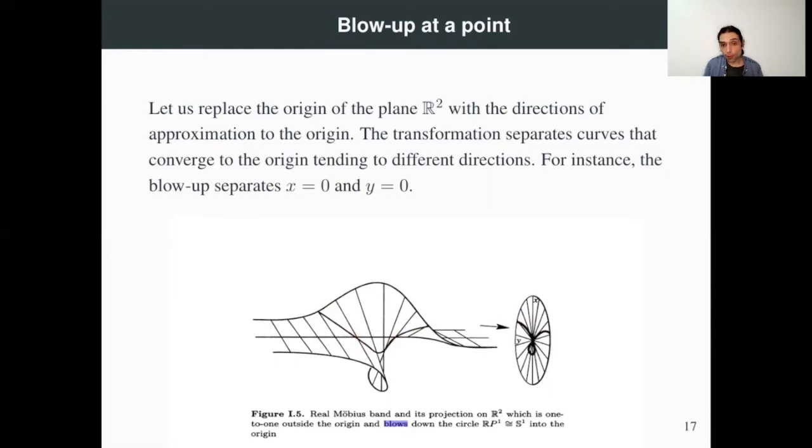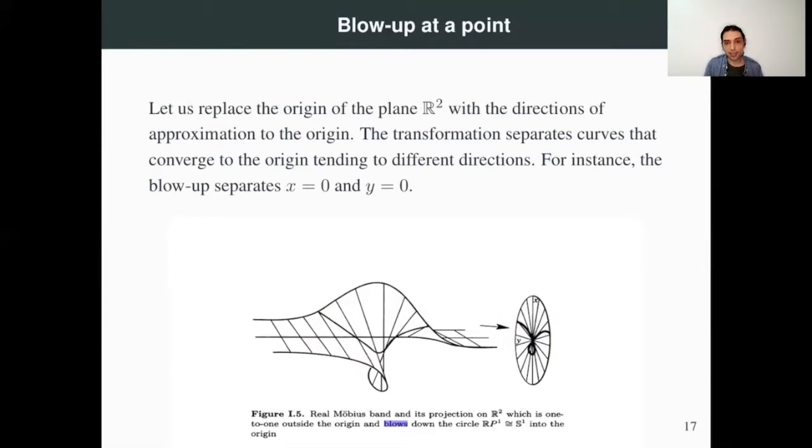So you transform something that is not a submanifold of the plane into something that is a submanifold, not of the plane, but of this blow up manifold. So it is an interesting transformation because it allows us to transform objects that are singular into objects that are not.